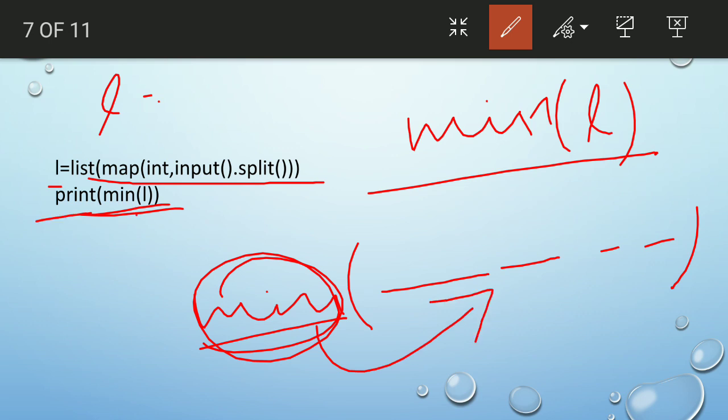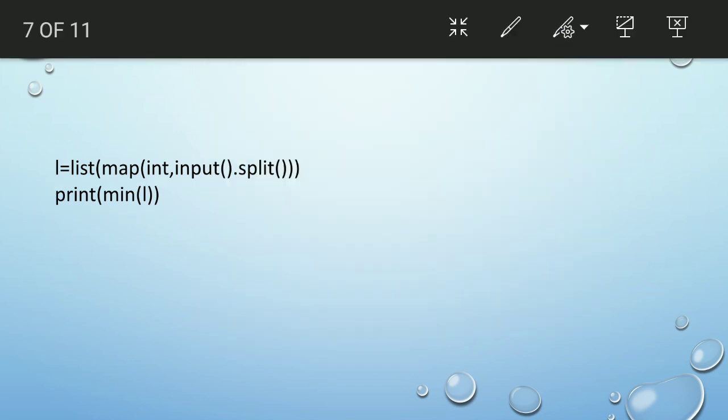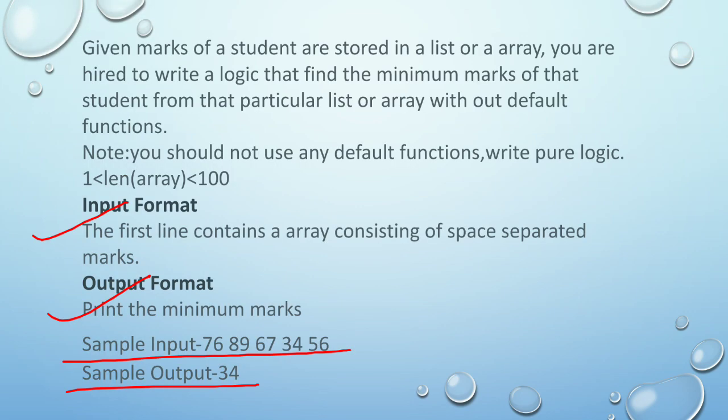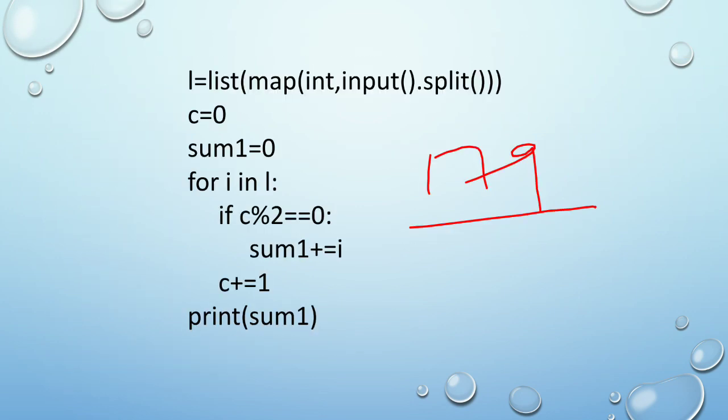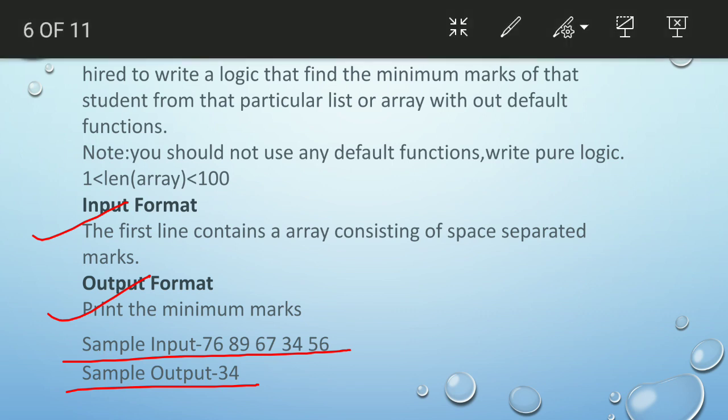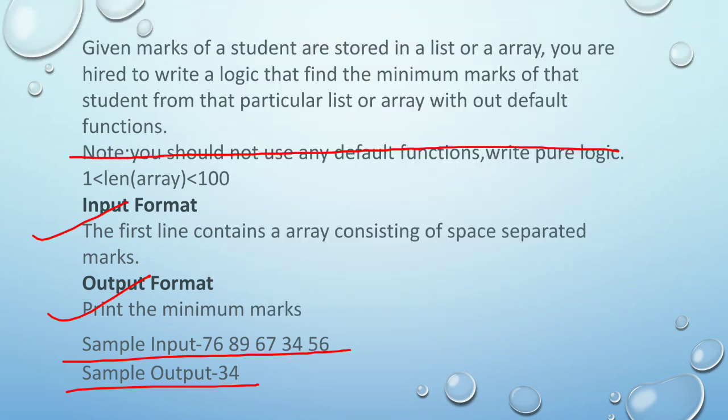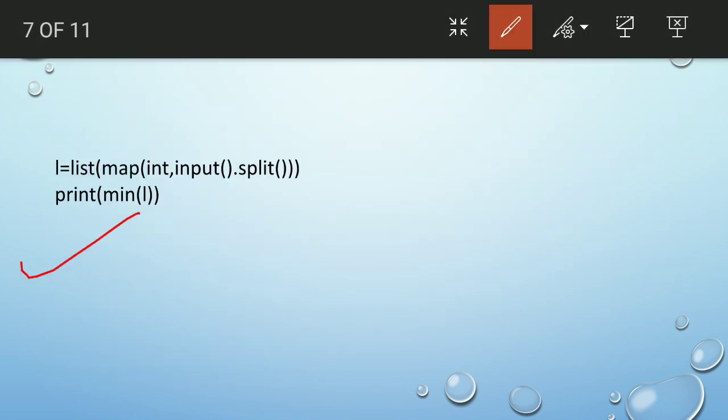But why I told you here is that you should know both. If this restriction is not present in your question, then you can directly use this method. This is a very good method, you can directly use it.